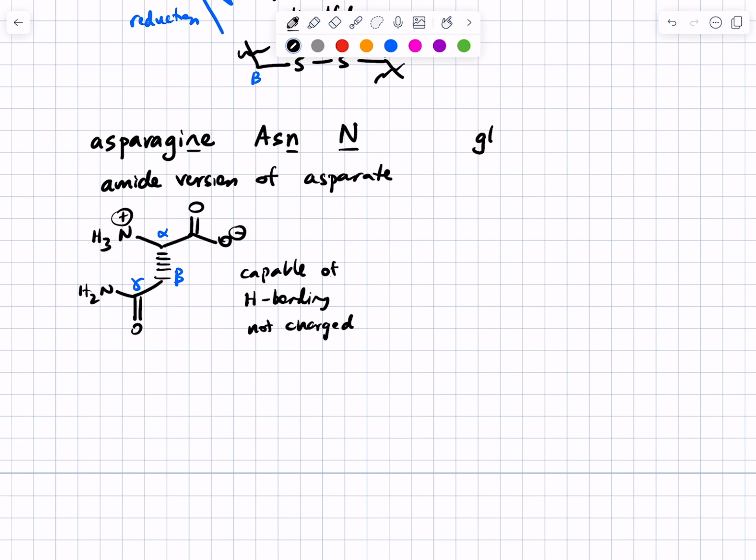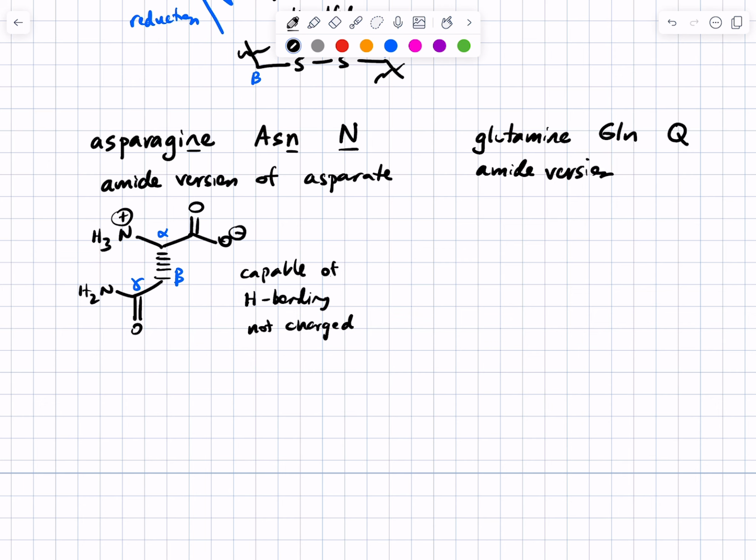The other is called glutamine. This is the amide version of glutamate. 3-letter code GLN, 1-letter code Q, because we got to use Q for something, and we run out of other letters of the alphabet that make sense. So you're just going to have to memorize that.